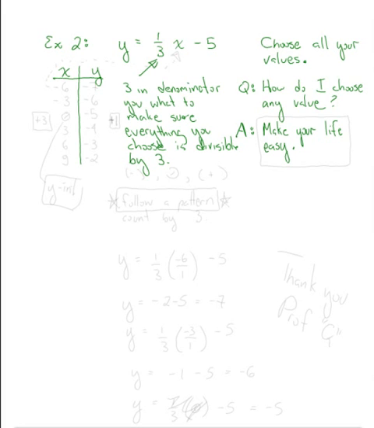Alright, and then basically you want to pick a couple of negative numbers, 0, and a couple of positive numbers. This usually gives you a pretty good sense.